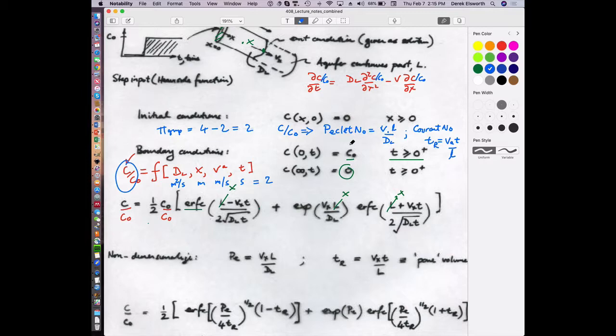What else would you want to get into the system? I suppose we could multiply both sides through by velocity times time.